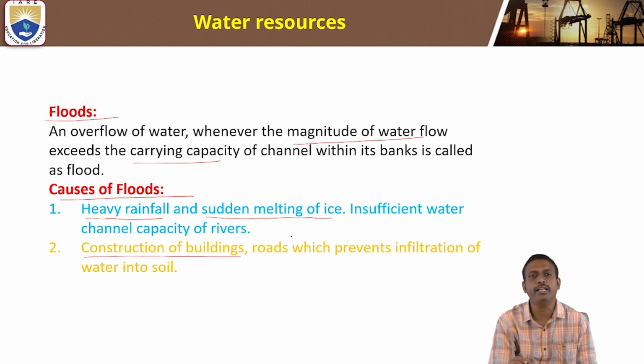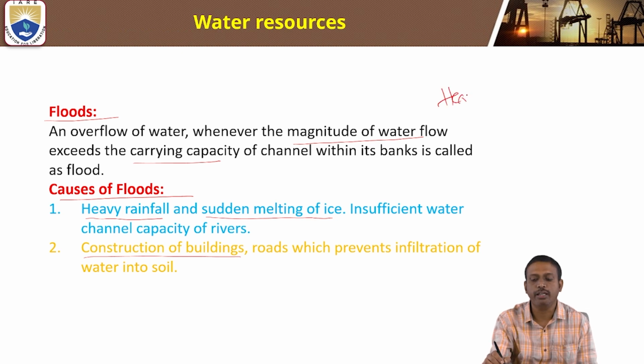What is a flood? A flood is an excess overflow of water whenever the magnitude of water exceeds the carrying capacity of the channel within its banks. The major cause of flood is heavy rainfall.